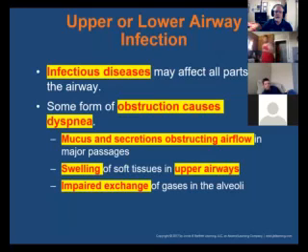Because of the swelling, it narrows that lumen, the inside diameter of that bronchiole, so that it's harder to get air through. And with anything like that it's also going to be an irritant, so it increases the development of secretions.